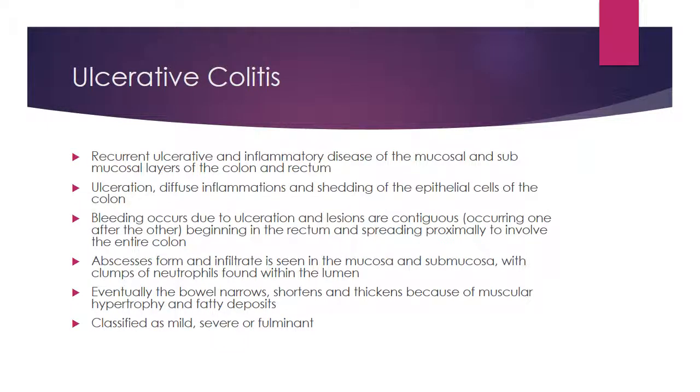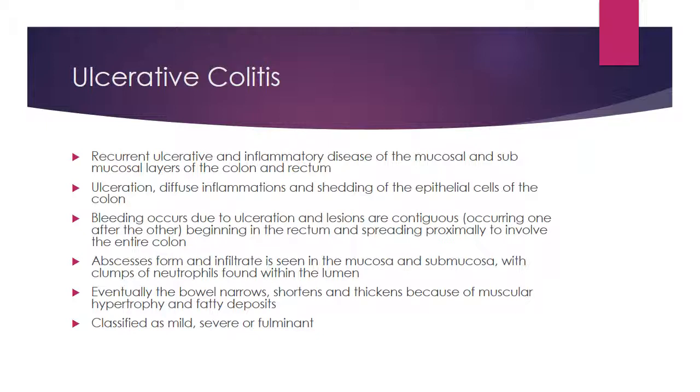Okay, and then we have ulcerative colitis, which is recurrent ulcerative and inflammatory disease of the mucosal and submucosal layers of the colon and rectum, which includes ulceration, diffuse inflammations, and shedding of the epithelial cells of the colon. Bleeding often occurs due to ulceration and lesions that occur one after the other, beginning in the rectum and spreading proximally to involve the entire colon.